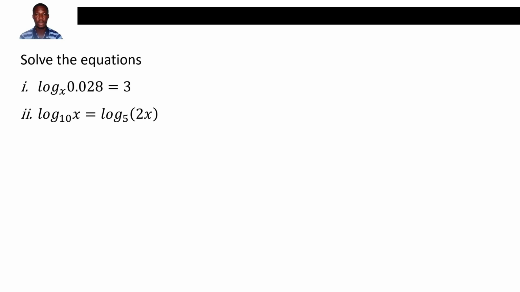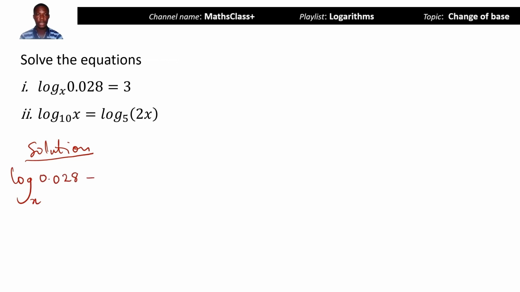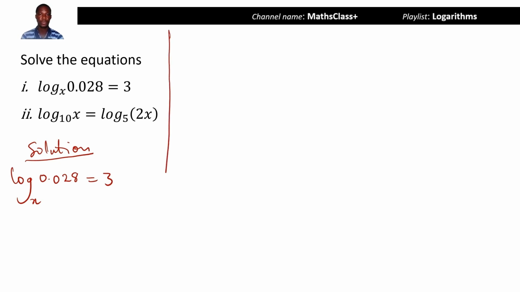Solve the equations. For our first equation, we have log to the base x of 0.028, which is equal to 3. So we solve. The first thing I will do is write the left hand side by changing the base.